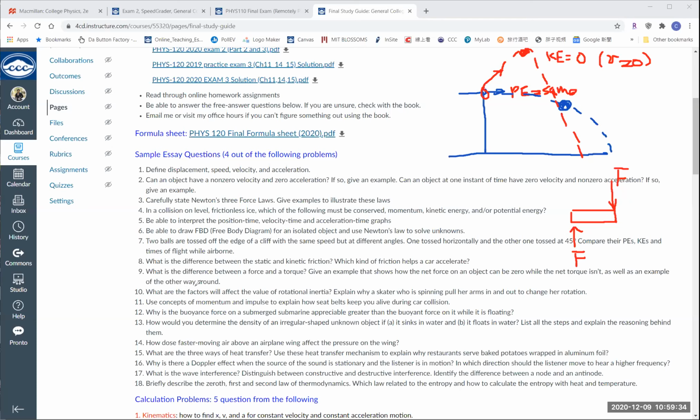Number 10, the factor affects the value of, wow, didn't I just say that already? Number 12. Buoyancy force, submerged submarine. Why is the buoyancy force on the submarine greater than the buoyancy force while it is floating? The buoyancy force of submerged.